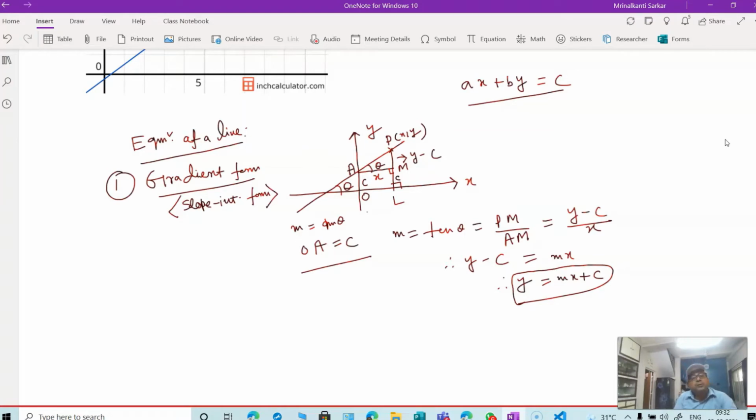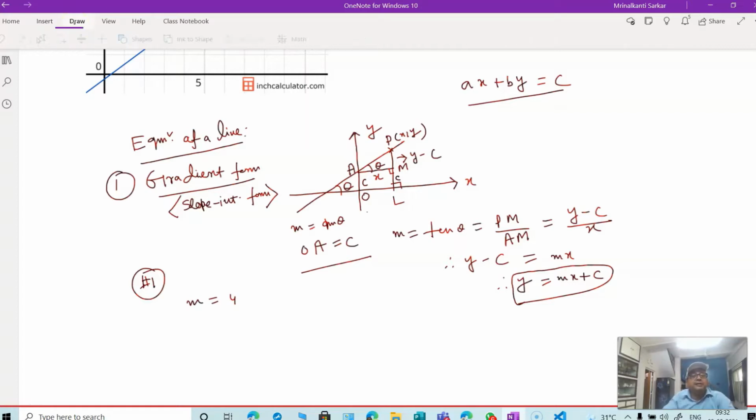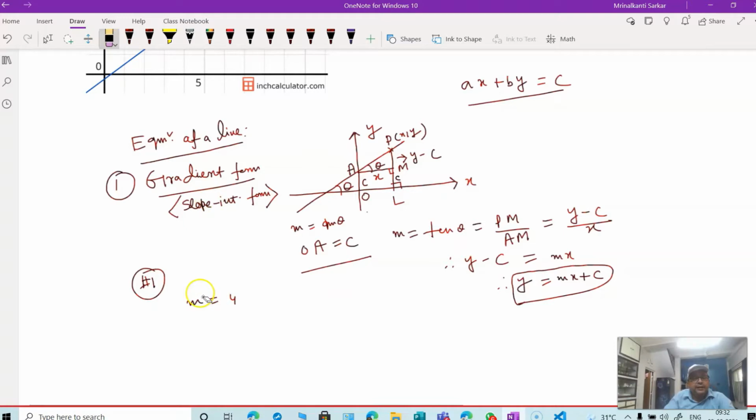Now, what will be the equation of line? I am just taking one example. What is the equation of line whose inclination with x-axis is 45 degree?